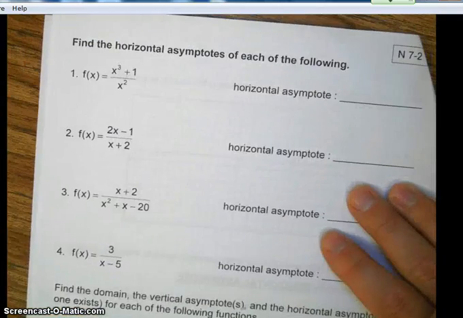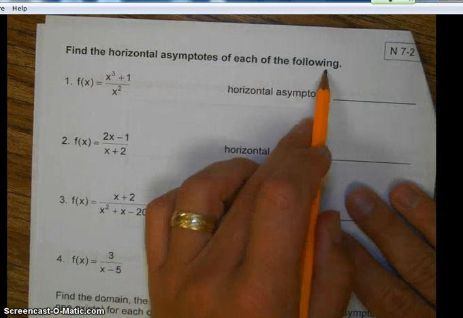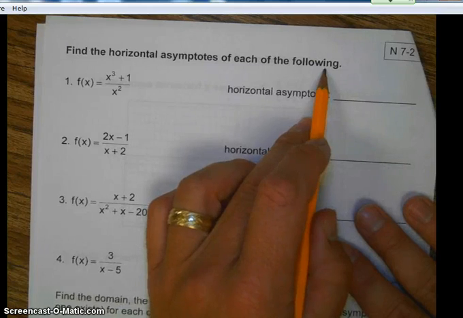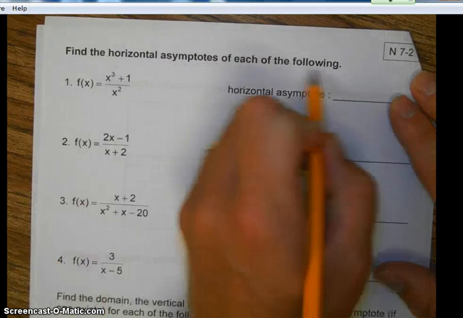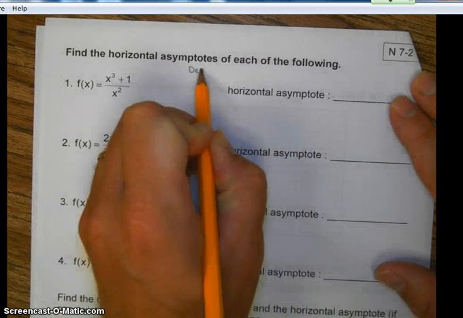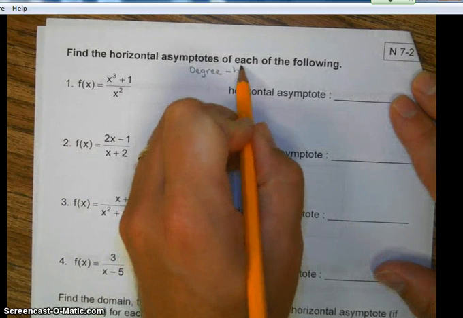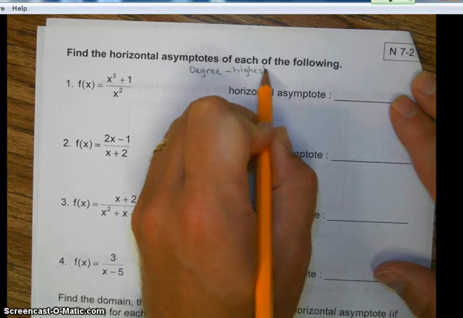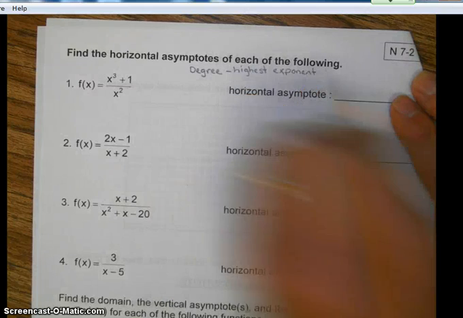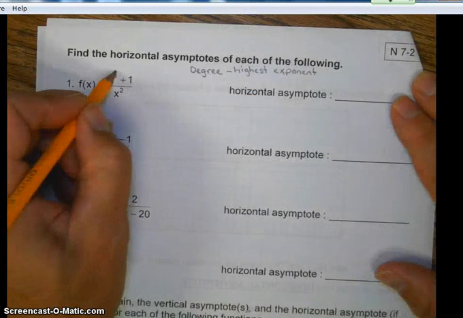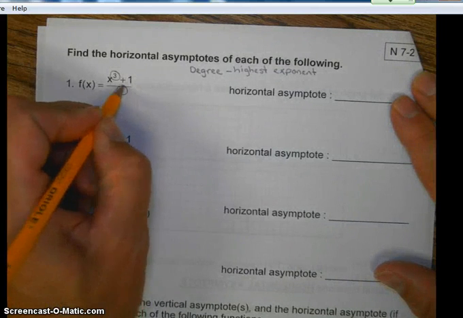We might have to turn back and forth until we have these memorized. It says find the horizontal asymptotes of each of the following. So remember, we're looking at the degree, which is the highest exponent. We're comparing them. In the numerator, our degree is 3, and in the denominator, the degree is 2.